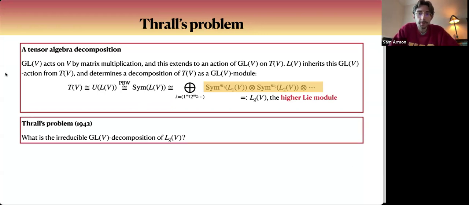And so Thrall, back in 1942, originally found this nice decomposition and asked the natural question. We have this nice decomposition. So each of these pieces, which are indexed by integer partitions, we can ask for their irreducible decompositions as well.